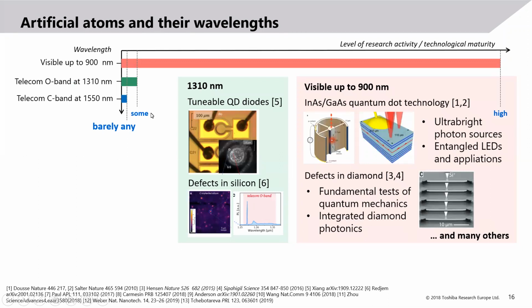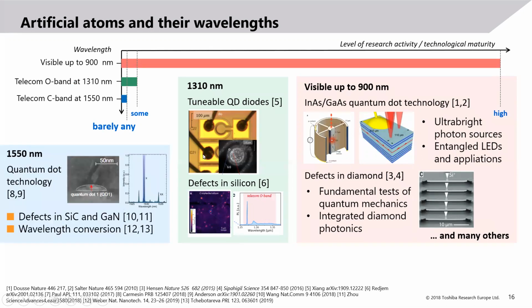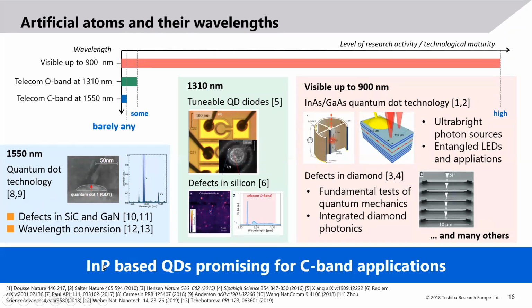And there's been some research at 1310 where there's been tunable quantum dot diodes reported, or also recently there's been progress having defects in silicon which can emit at this wavelength. But at 1550 C-band, there's really not been all that much going on so far. So there is quantum dot technology, and there are really only scattered reports of defects, for example, in silicon carbide or gallium nitride. So what people often resort to is wavelength conversion instead. But today I'd like to show you that indium phosphide based quantum dots are really promising for C-band applications.